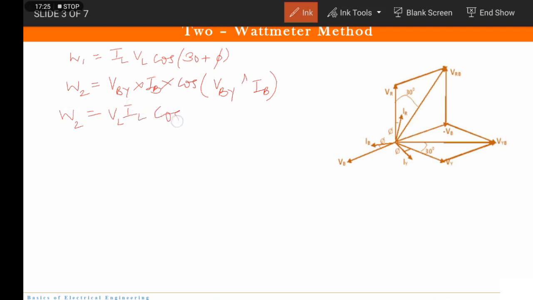But now let us talk about VBY and IB. So where is IB? Here is IB. And in this diagram, VBY is not there. Okay. So let me just draw that. VBY.